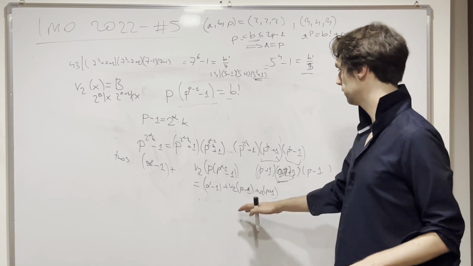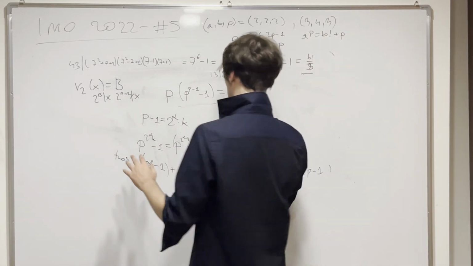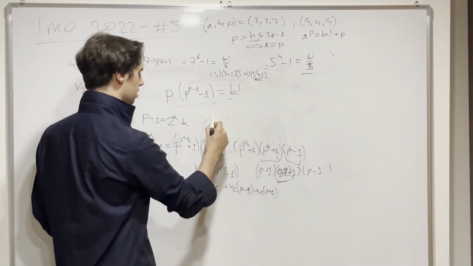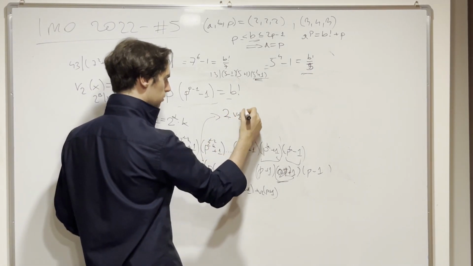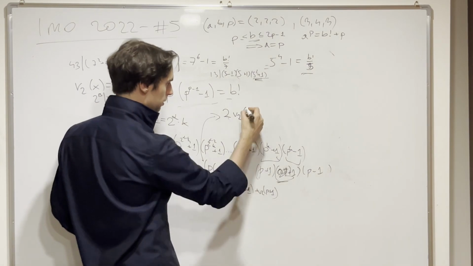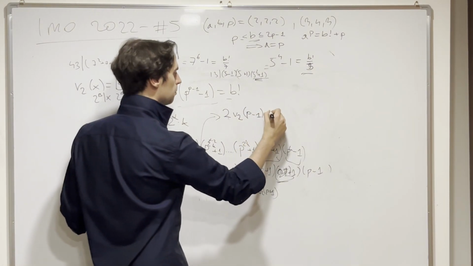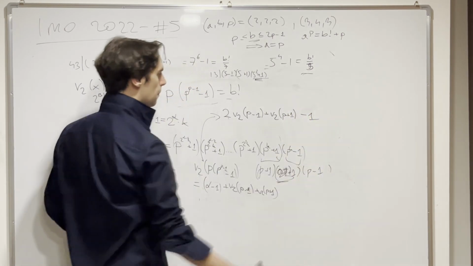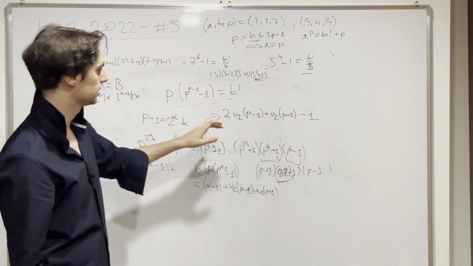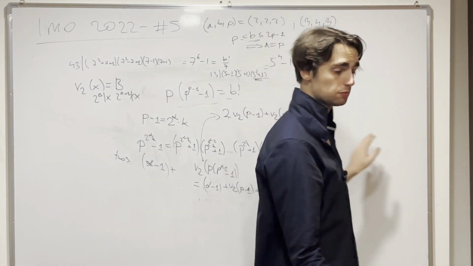So this whole thing, the number of 2's here, I'll write it here, is in fact equal to twice the number of 2's there are in p minus 1 plus the number of 2's there are in p plus 1 minus 1. Okay, so that's the number of 2's we have here.